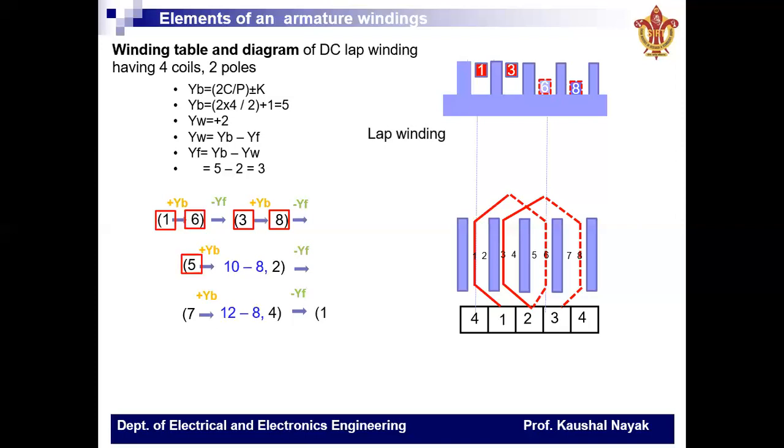Similarly, we can move ahead and complete the placements of these coil sides in the slots from the knowledge of the winding table and complete the winding diagram according to the calculations made.